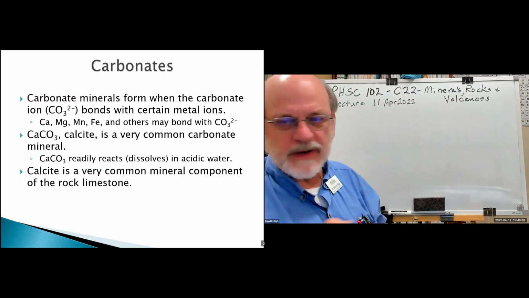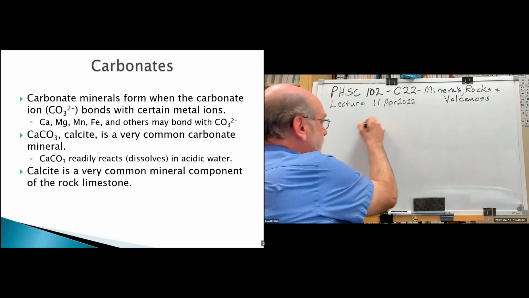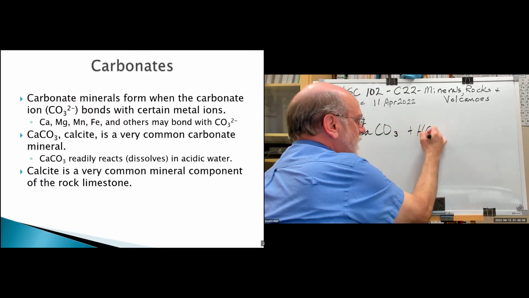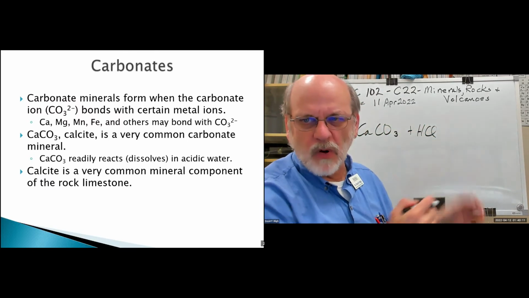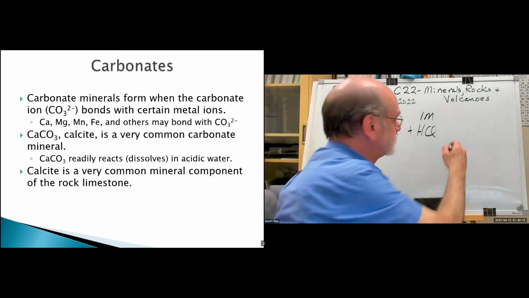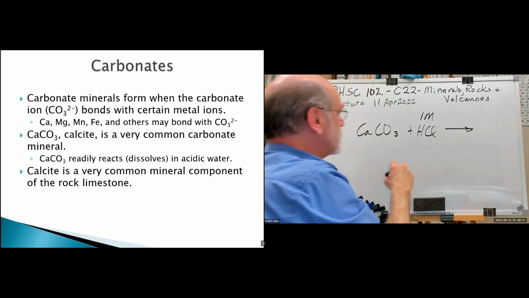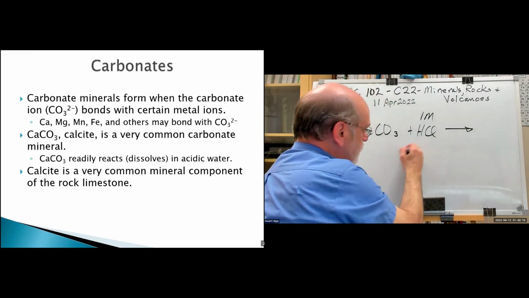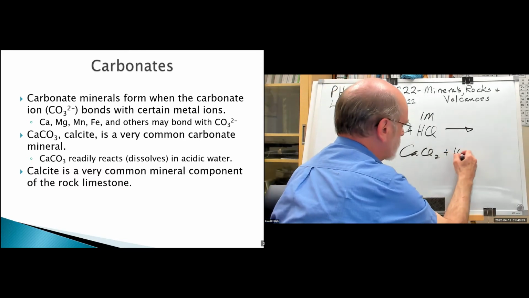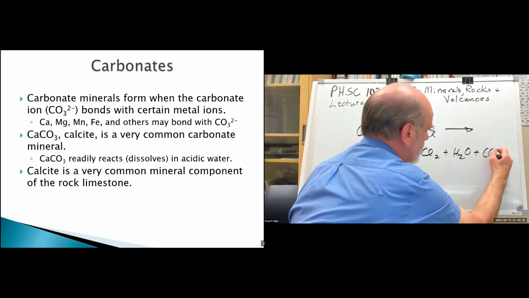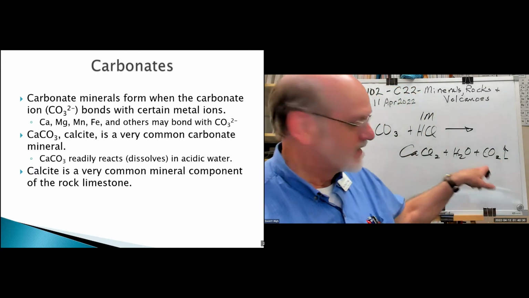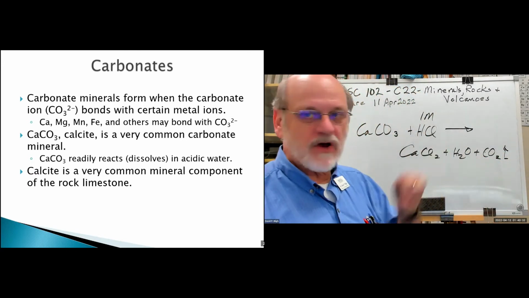If you think you have a carbonate mineral, calcium carbonate, all you need is about 1 molar hydrochloric acid. And what will it do? Well, it will give you calcium chloride plus water plus carbon dioxide. It will fizz because of that.